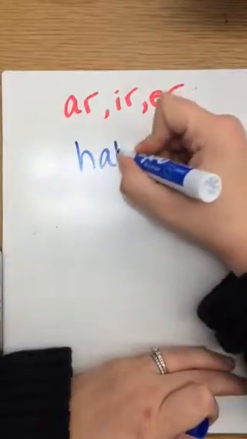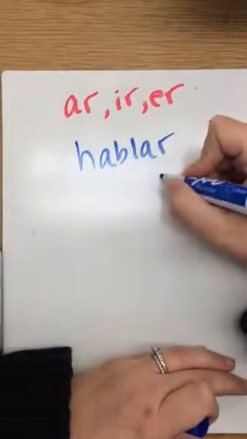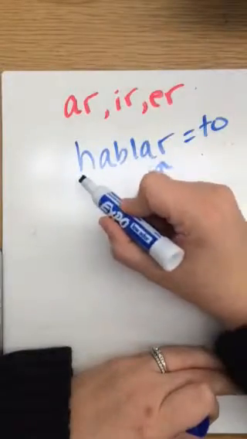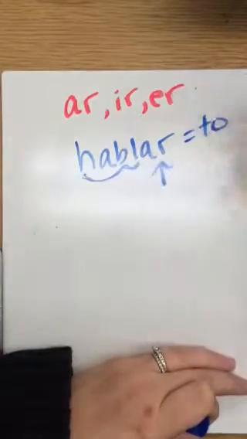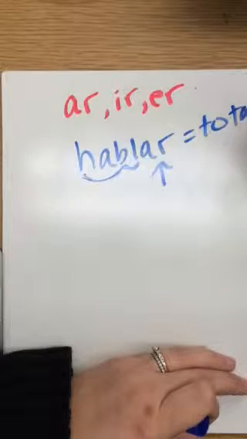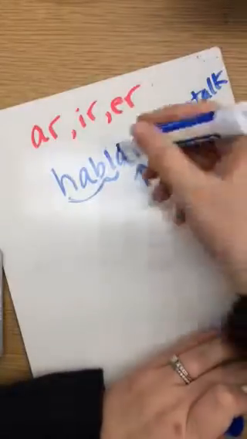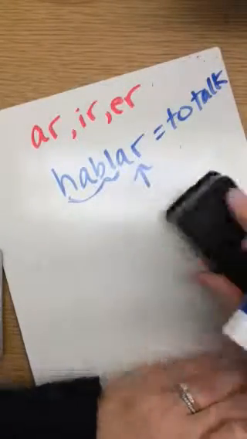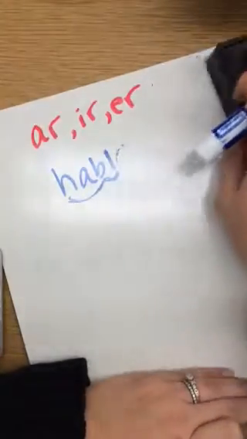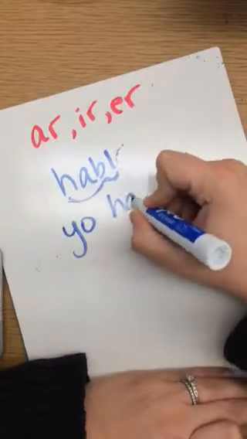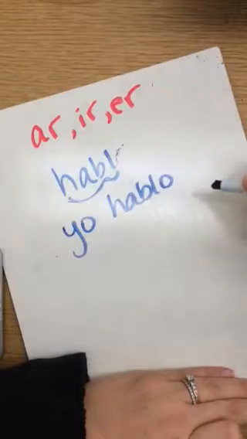So for example, let's look at the word hablar again. Once again, this part right here means to, and this part gives me the actual meaning, talk. So if I want to put a subject in there, in Spanish what you have to do is change the ending. So I keep that stem, but if I want to say I talk, I say yo hablo.